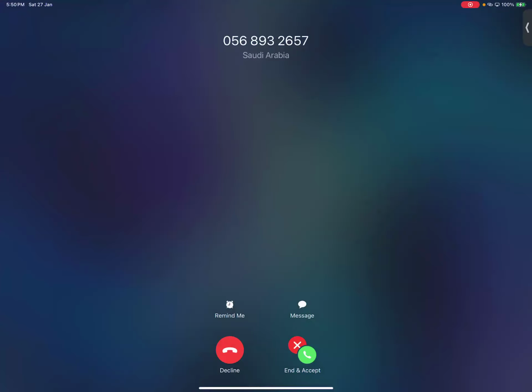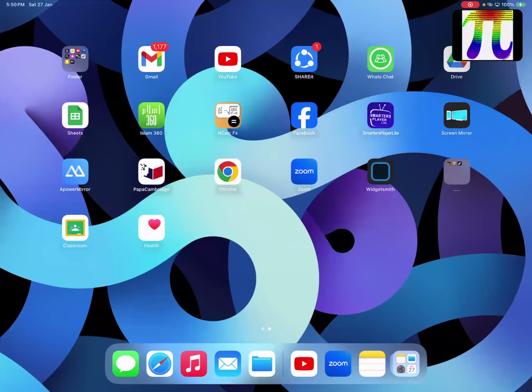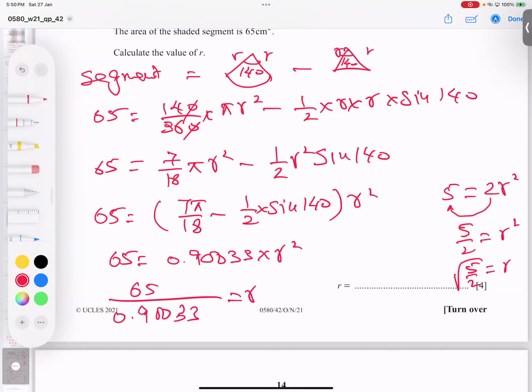So what is the story here with r squared? This will go under 65. So when it goes under 65, it will become 65 divided by 0.90033 equals r to the power 2.